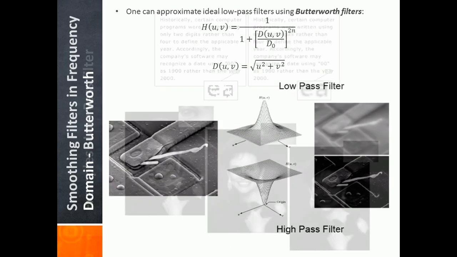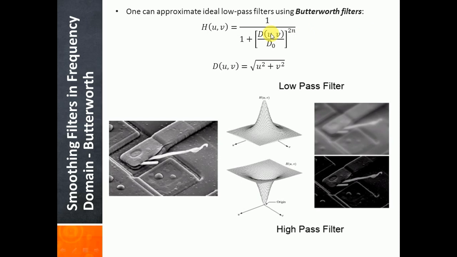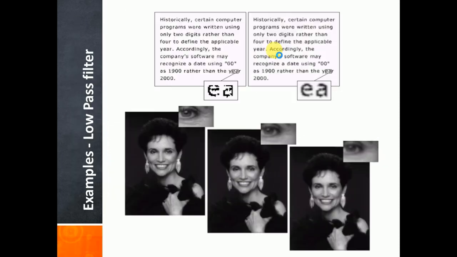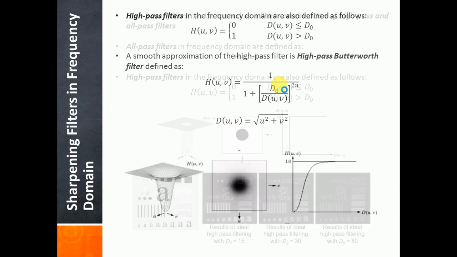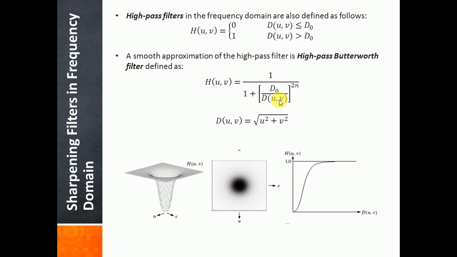Now this is your Butterworth low pass. See, the coefficients are reversed, right? So this is your Butterworth low pass filter, and the same in a high pass filter. Obviously the transition here is smoother, and it makes sense.